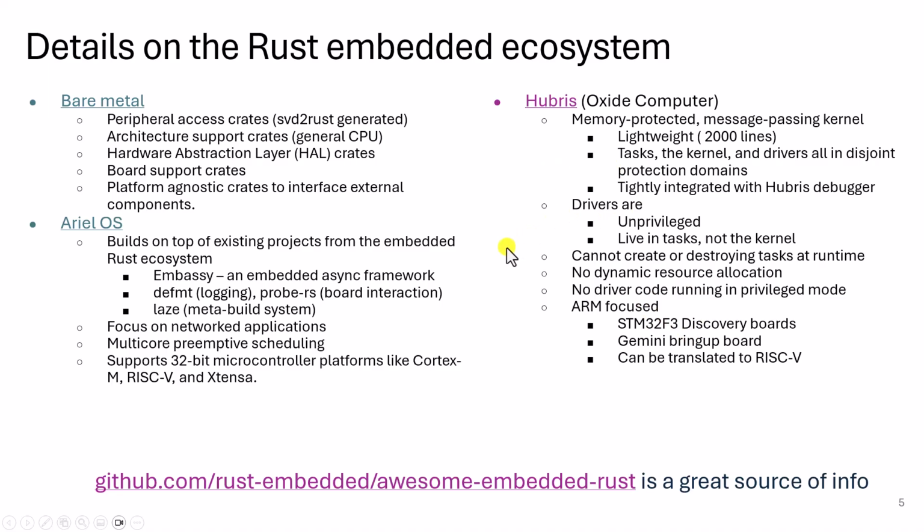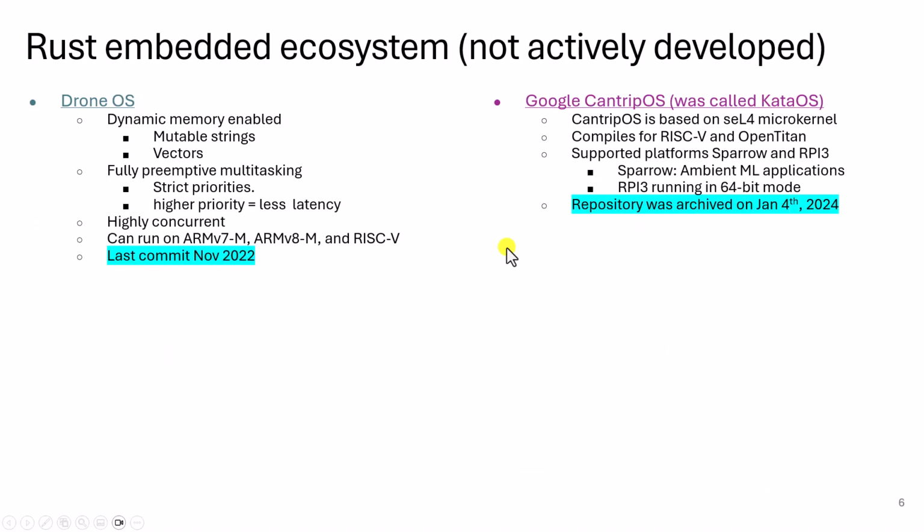Now, one of the systems, if we go to the next page, these don't appear to be actively developed. One is called Drone OS, and its last commit was in 2022. It was interesting because it uses dynamic memory, and it has fully preemptive multitasking.